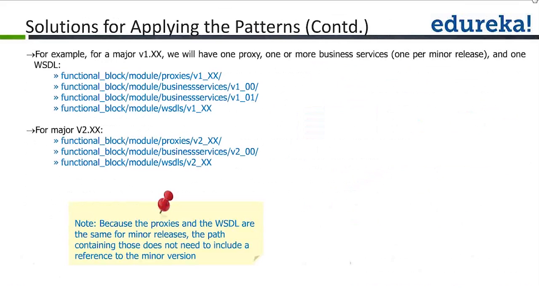This is quite an interesting slide. I would advise you to just understand. For example, for a major 1.x version, we will have one proxy and one or more business services, one per minor release and one per WSDL. So we have one proxy and different business services. Why do we have different business services and one proxy? Because this is a minor change, or it could be a major change.